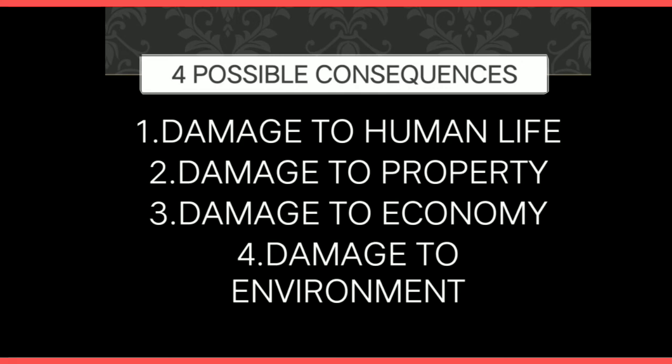It results in widespread damage to human life and property, as well as to the economy and the environment. And generally during these times of disaster, the affected community's ability to cope with such an event will be overwhelmed, which means the community can't cope with the disaster with its own resources.